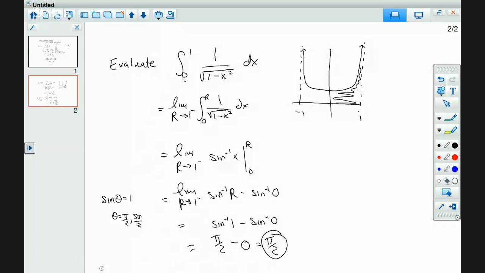This is where it repeats, because sine only. Right. That's sine. Pi over 2 is the only place it hits the value of 1, right there. Okay. It hits it right here, but that's after it repeats. So we want to stay in here, right?